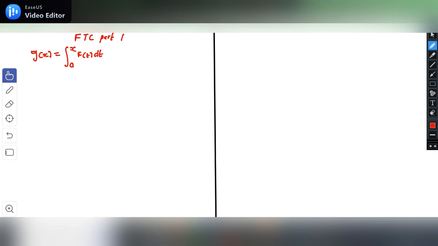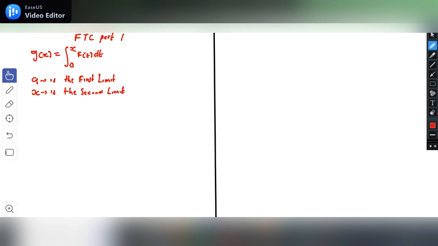And then again, just know that a is the first limit or point, and then x is the second limit, right?